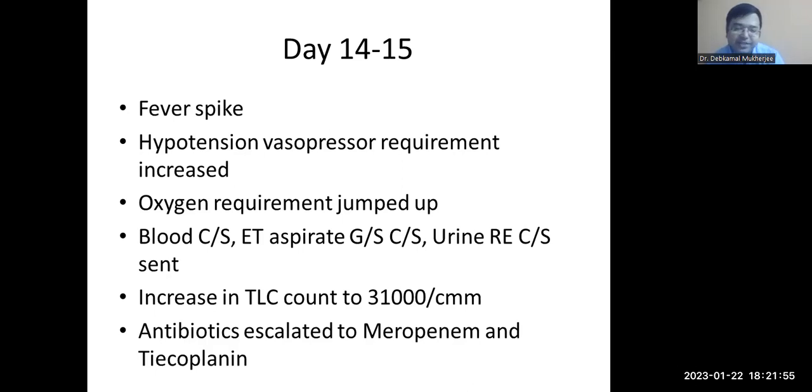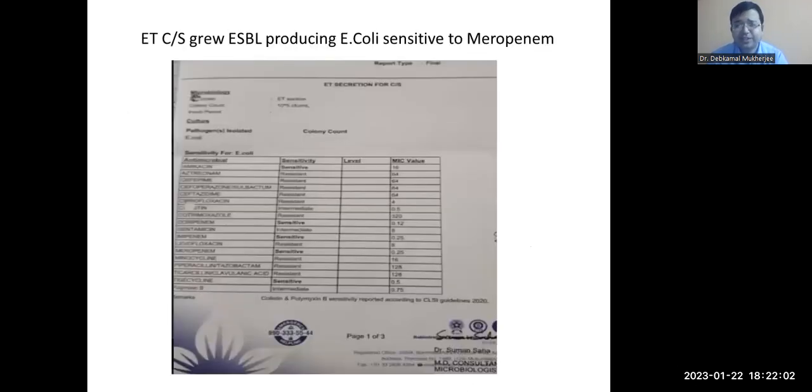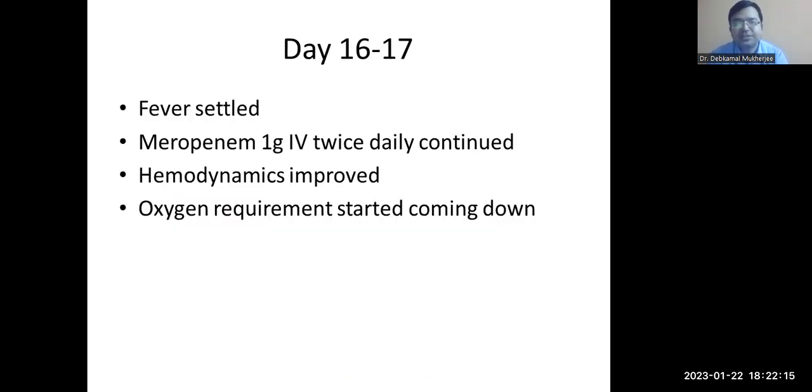So the antibiotics were escalated to meropenem and teicoplanin at that point of time, and we waited for the culture reports to come. The ET culture grew ESBL producing Enterobacter, which was sensitive to meropenem. So meropenem was continued. It was given 1 gram IV twice daily, considering his renal creatinine clearance values, and the teicoplanin was discontinued.